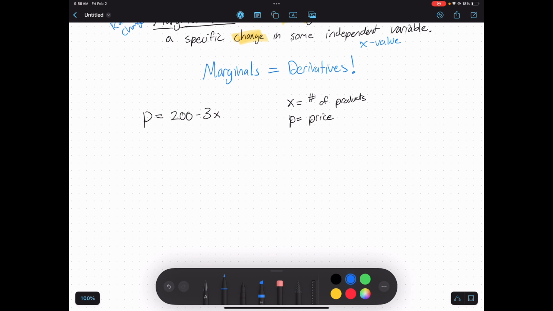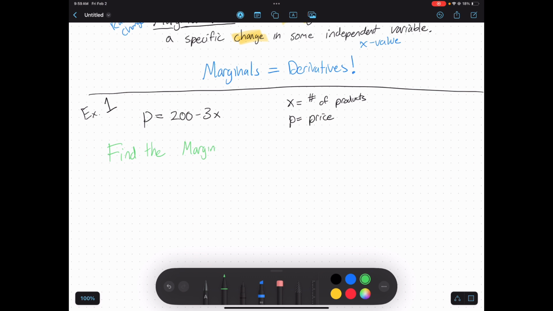Okay. So what if I asked you to find, this is example 1, the marginal revenue? What am I talking about? Well, like we said, if I use that word marginal, I'm really just talking about a derivative.